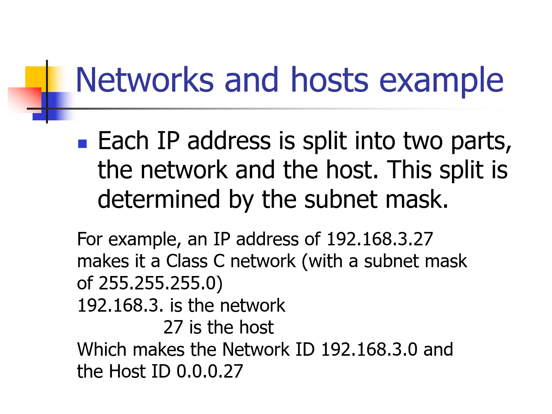That means that after the first three digits, we split it. So in this case, 192.168.3 is the network. The 27 determines the host. We fill in the zeros to pad it out to 4 digits in each case, which makes the network ID 192.168.3.0 and the host ID 0.0.0.27 or 27.